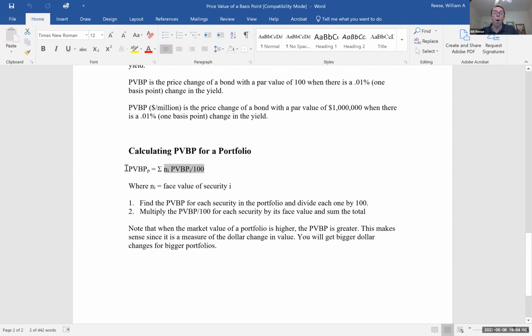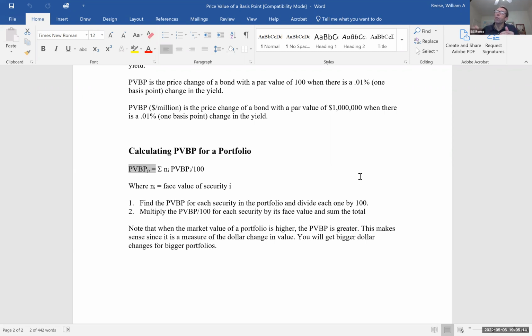And then if we sum them all up, we've got the price value of a basis point for the portfolio. What will the portfolio's price change by in dollars and cents when there is a 1 basis point change in interest rates?